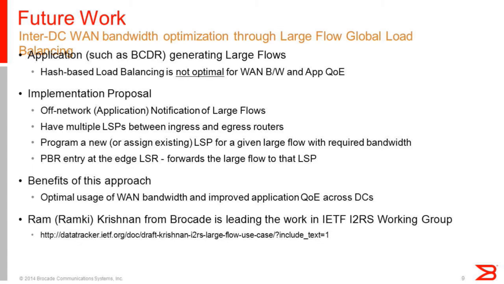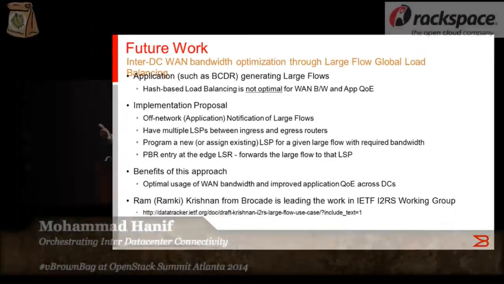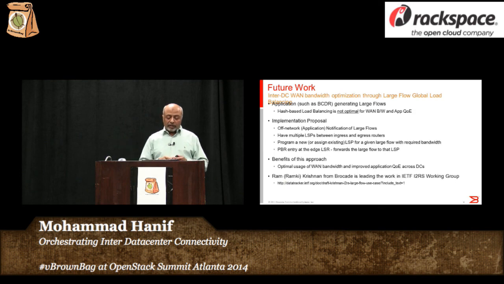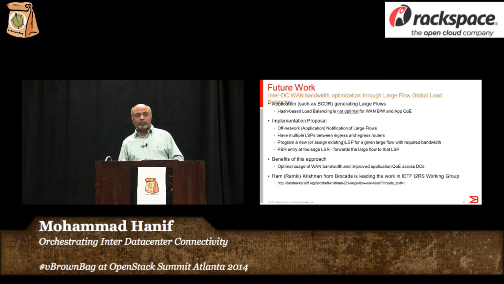If you have multiple LSPs between ingress and egress within the same network, and if you have determination of large flows, you can choose different types of LSPs to map those large flows onto, in order to get a better quality of experience. And then we have Ramki here from Brocade, who is leading this effort in IETF in the I2RS working group.